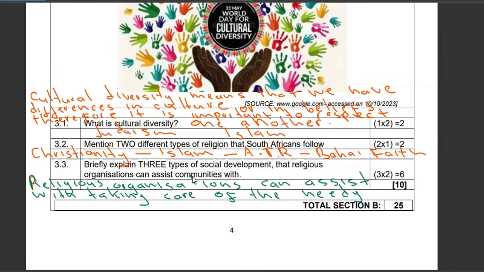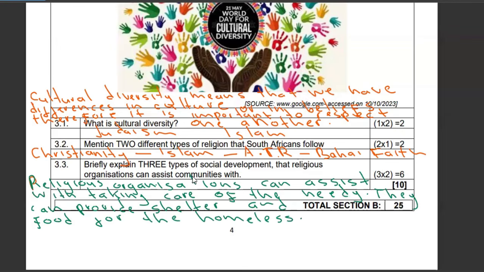So they can provide shelter and food for the homeless. So that is number one, through the provision of food and through the provision of shelter for the homeless.